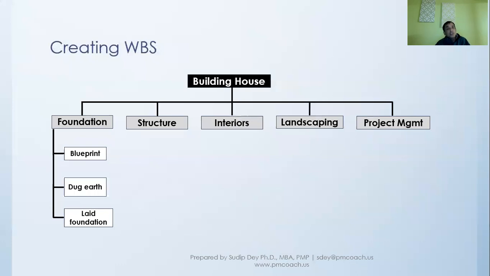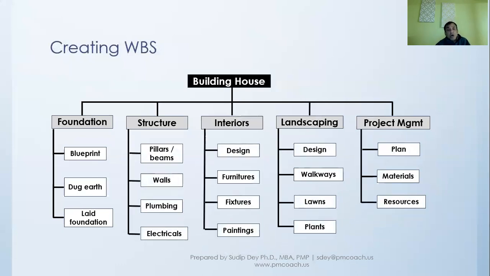So this is what we have come out with after subdividing the foundation deliverable. We've broken it further down. Similarly, we have broken down all the other deliverables. Structures: pillars and beams, walls, plumbing, electrical, and so on. And then you can take each of them again.